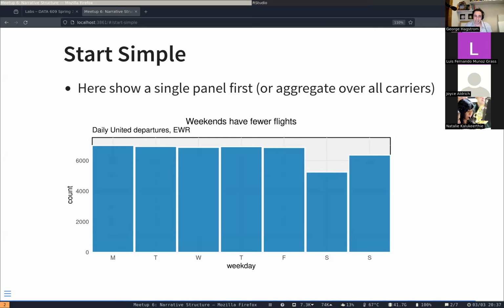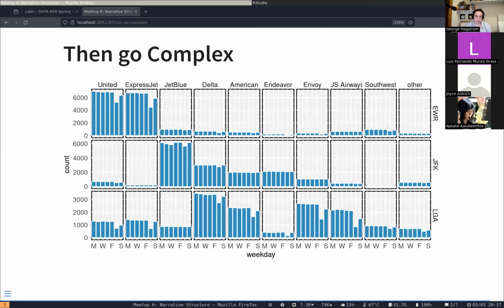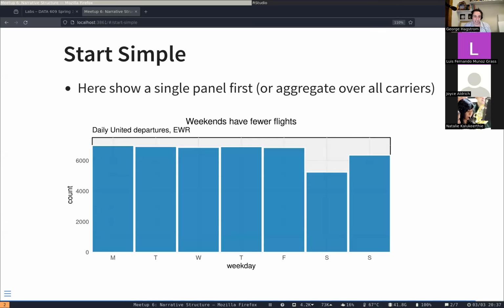Alternatively, you could have collapsed the entire data set and shown, instead of just United, a time series where you added up all the airlines. I think for this that would have been functionally equivalent, if that's what you wanted to convey.